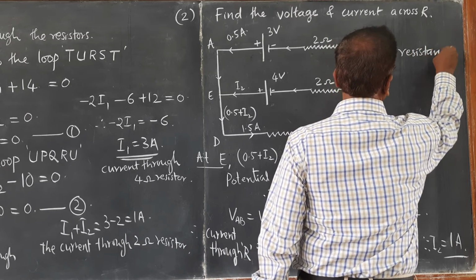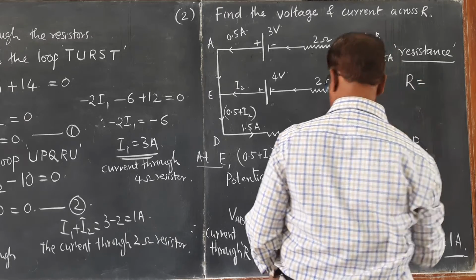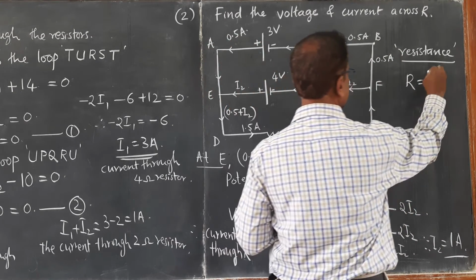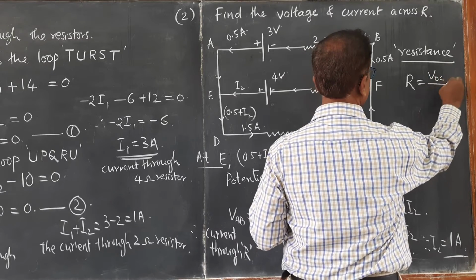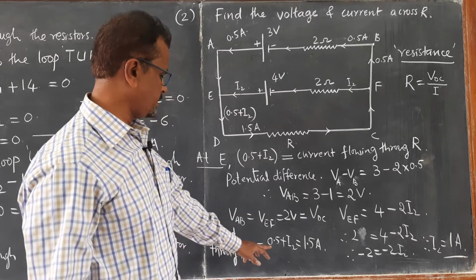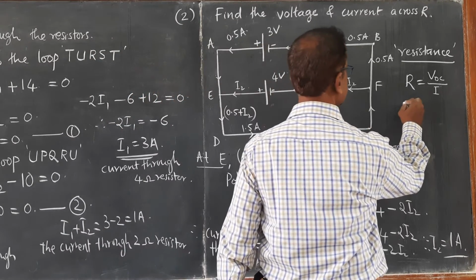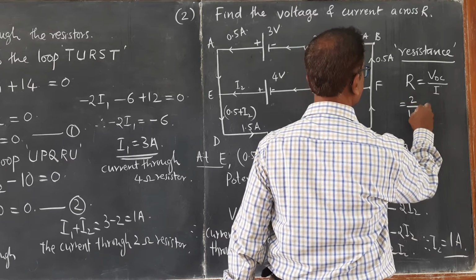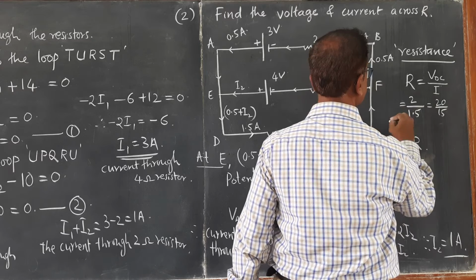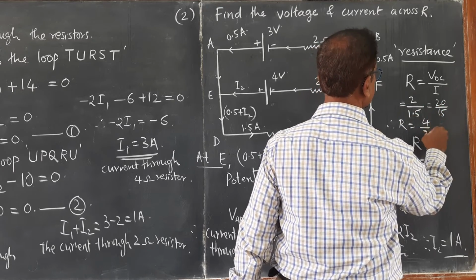Resistance value R is equal to potential difference VDC divided by the total current I. The total current I here is 0.5 plus I2, that is 1.5. So VDC is 2 divided by 1.5, so it becomes 20 divided by 15. Therefore resistance becomes 4 by 3 ohm.